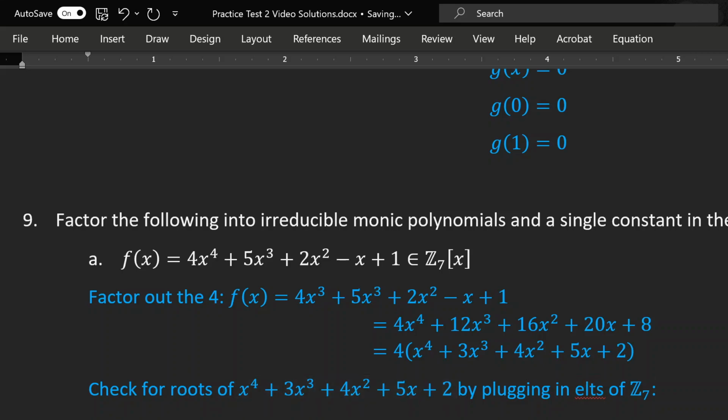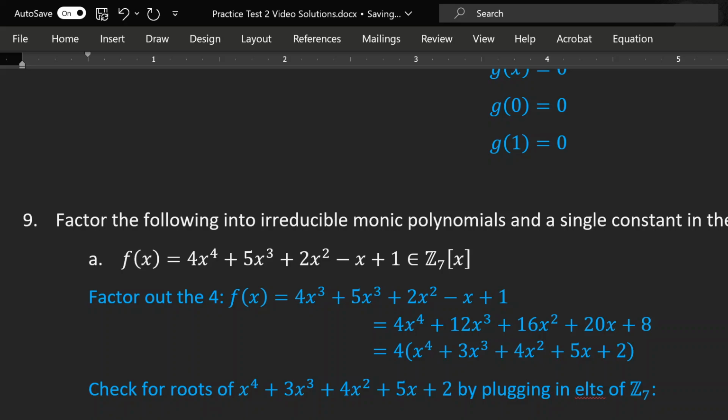Okay, so I get 2 to the 4th, 16, plus 3 times 8, 24, plus 4 times 4, another 16. 5 times 2 is 10, plus 2, hold on. I think that is 68, which modulo 7, let's see, 63 is a multiple of 7, so that's 5, I think, hopefully.